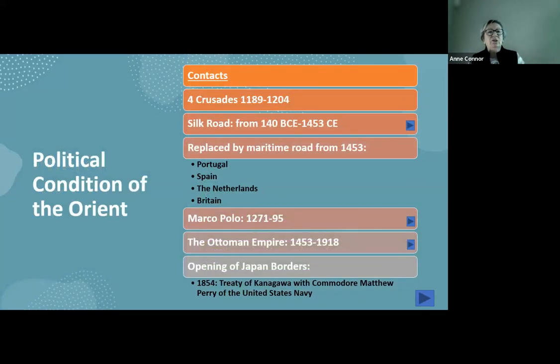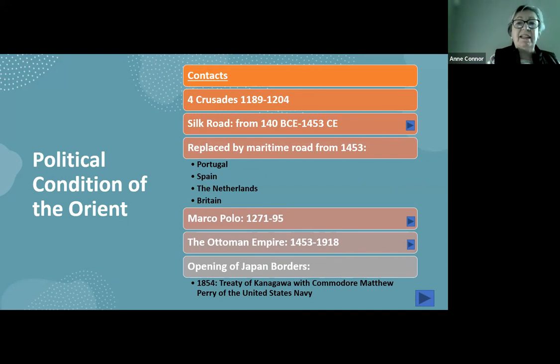The political condition of the Orient. How did these contacts come about? First, between the Middle East and Europe came 4 crusades that kind of linked these cultures. So 4 crusades between 1189 and 1204.